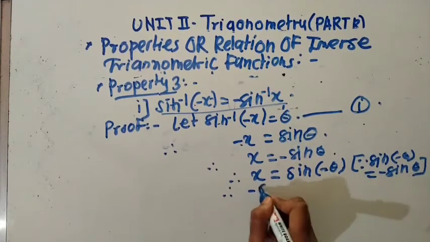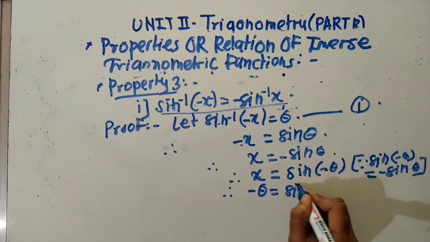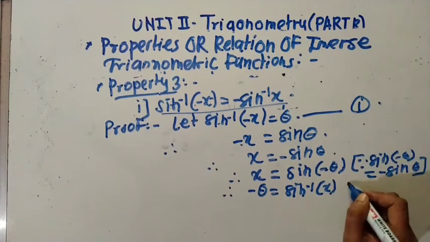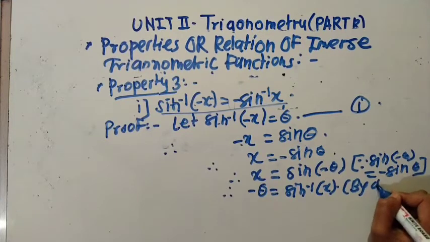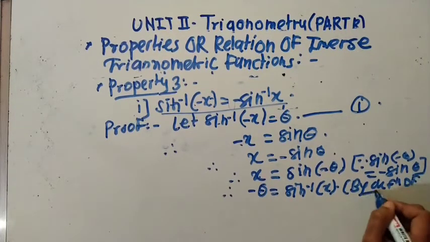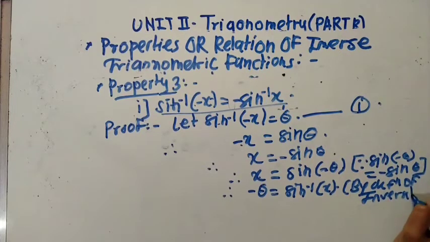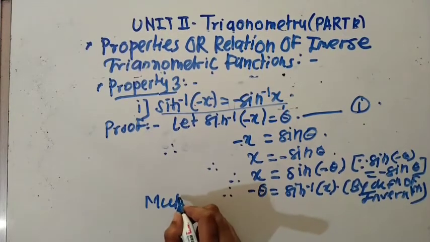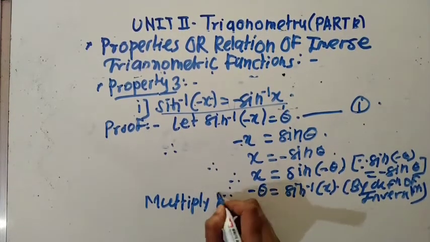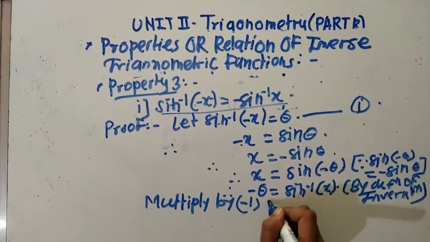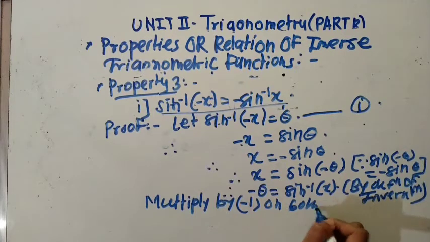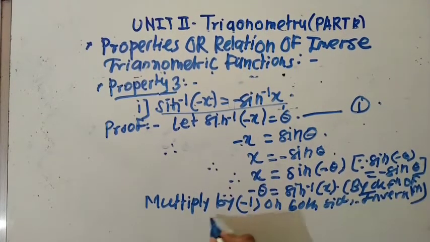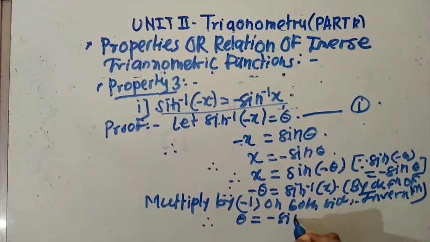Hence minus theta is equal to sin inverse of x by definition of inverse function. Then multiply by minus 1 on both sides. Multiplying both sides by minus 1, minus minus becomes plus theta, and here minus 1 into sin inverse of x.